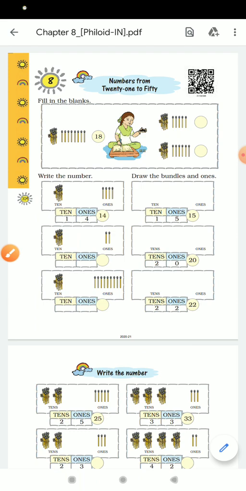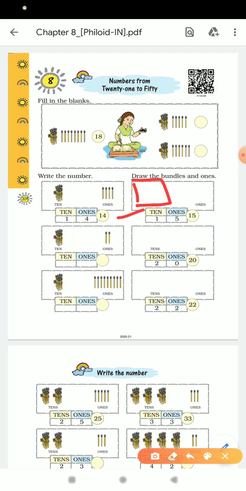So now let's start. In this box we have to draw the bundles and ones. So here we have 10 and 1. We have to make one bundle of 10, anything you like. I will not use matchsticks here, I will use dots.